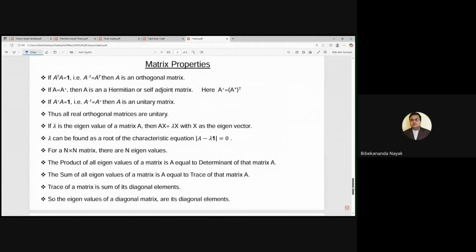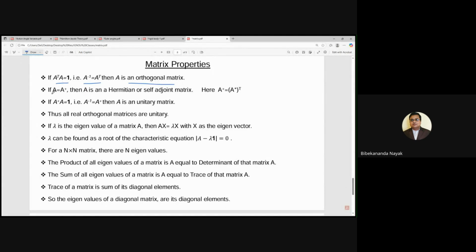Then these are the matrix properties I am focusing on, because these are very important properties of matrices. If you know these properties, you can solve all matrix related problems. If it is an orthogonal matrix, A inverse is equal to A transpose. That means A transpose A is equal to 1.